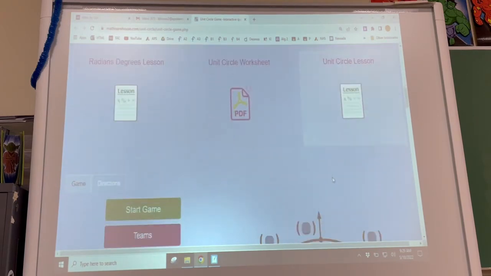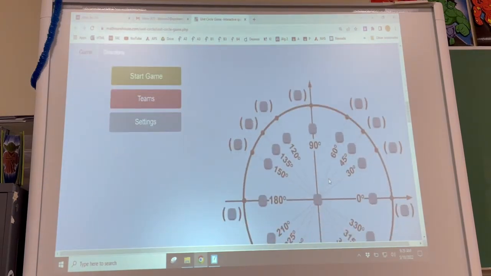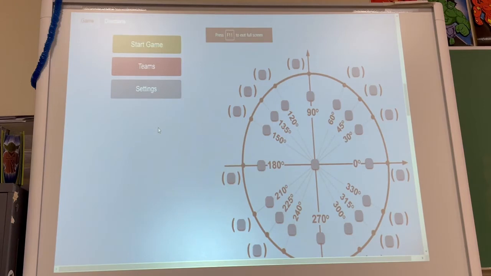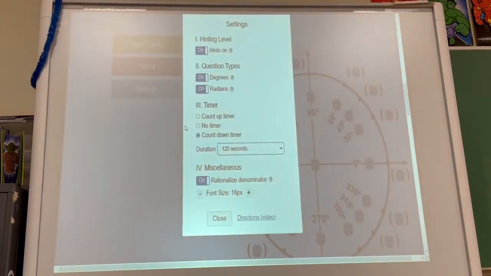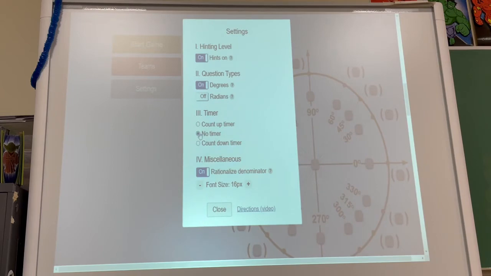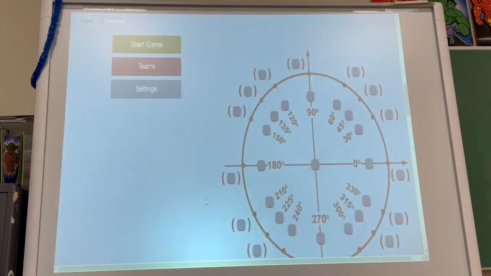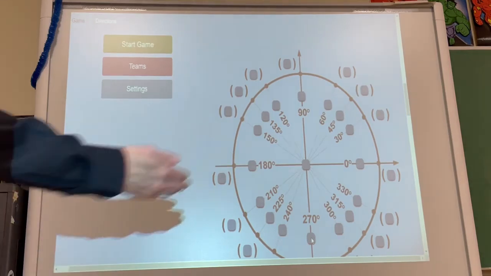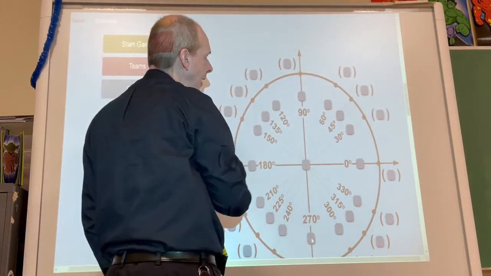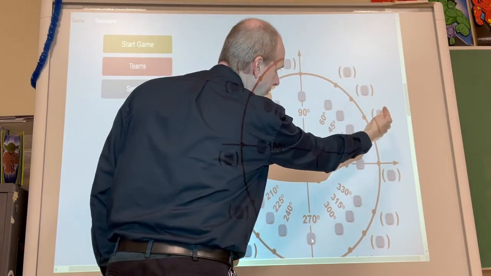All right, so let me scroll down. There we are, Unit Circle Game. I'm going to go to the settings to begin with, and I want to turn off radians. And I do not want a timer. Go ahead and close. Now, the way that this works is on the outside are your answers, like the 1, 2, 3s.